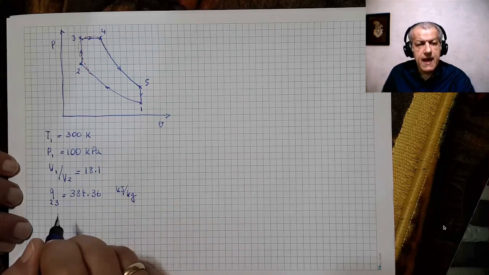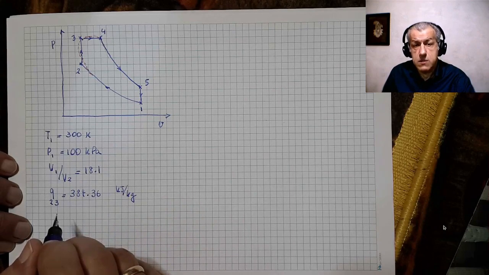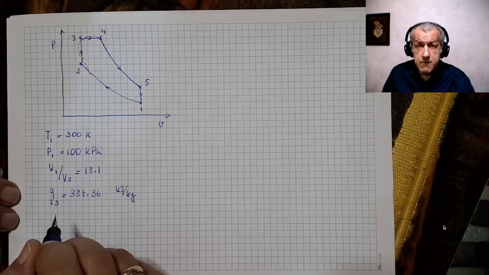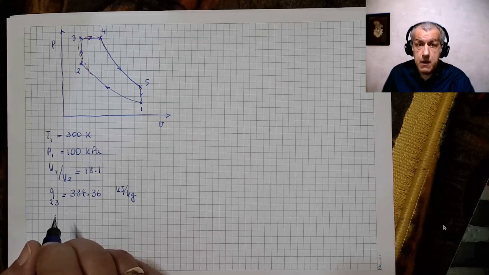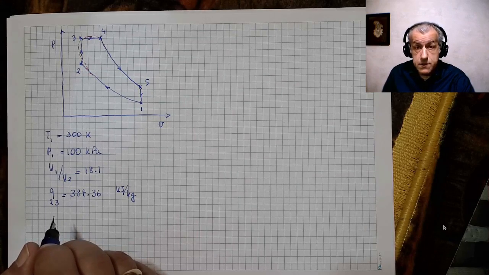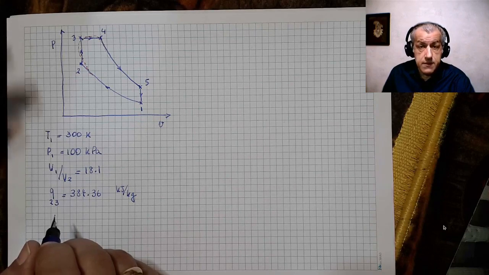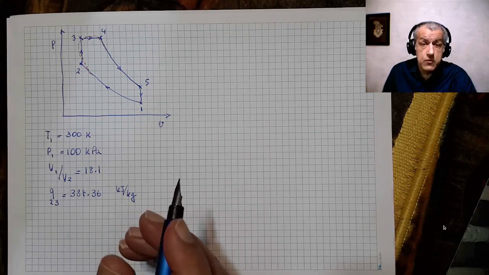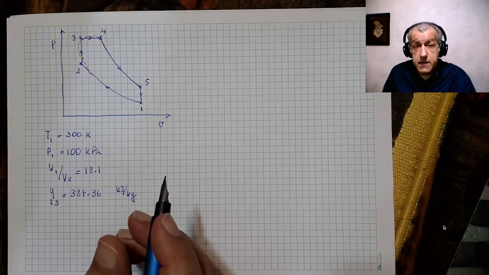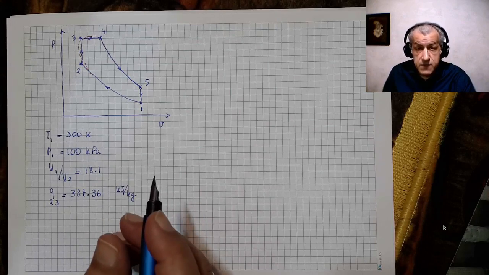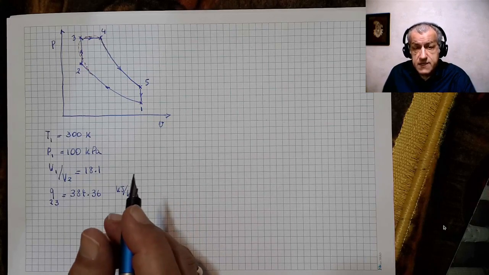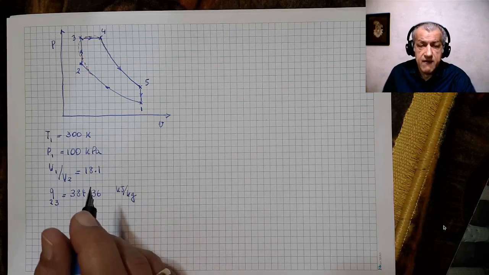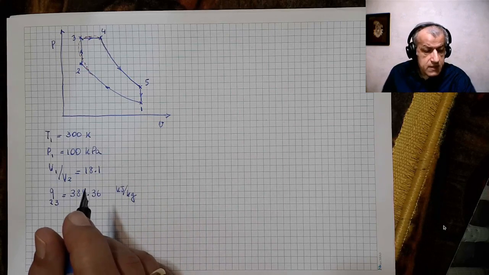This is the added heat during process 2-3, which depends on the amount of fuel available when the spark plug ignites and that fuel is burned and heat is released. But for the ideal cycle, we just assume that this is the heat that we have added to the cycle.